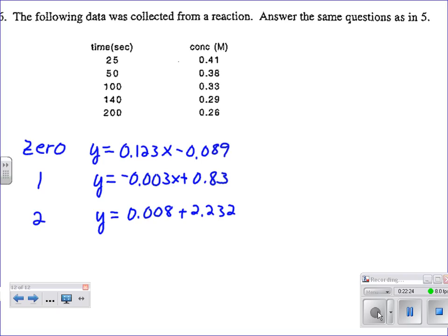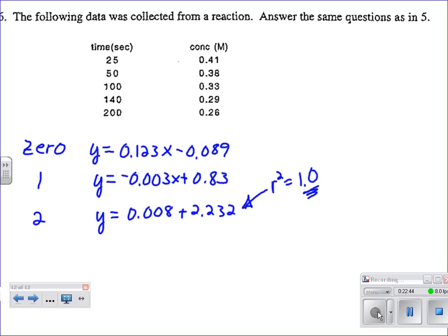I did not write down my correlation coefficients for these, but I can tell you that r squared was really, really close to 1 on our second order reaction. That's what you'd be looking at. So that's the winner, and it was lower values for zero and first order.